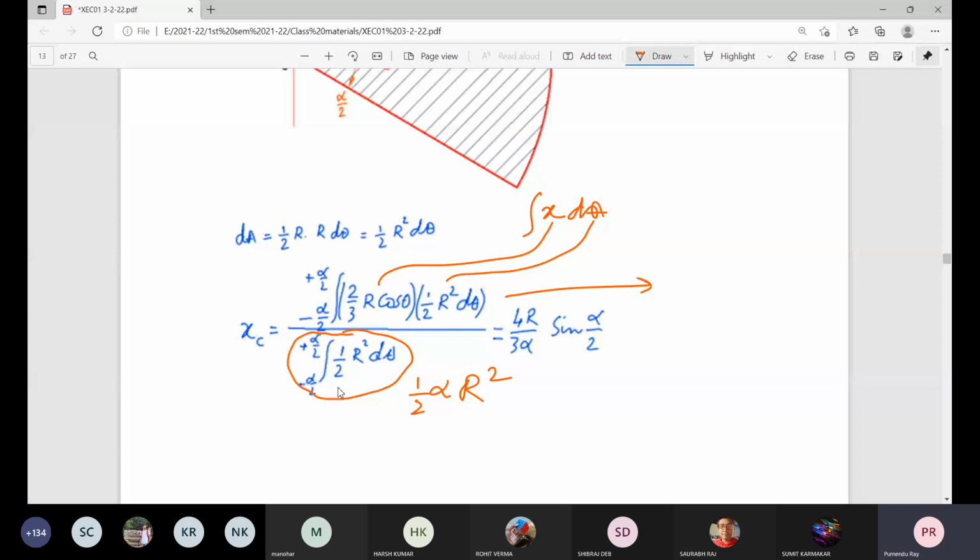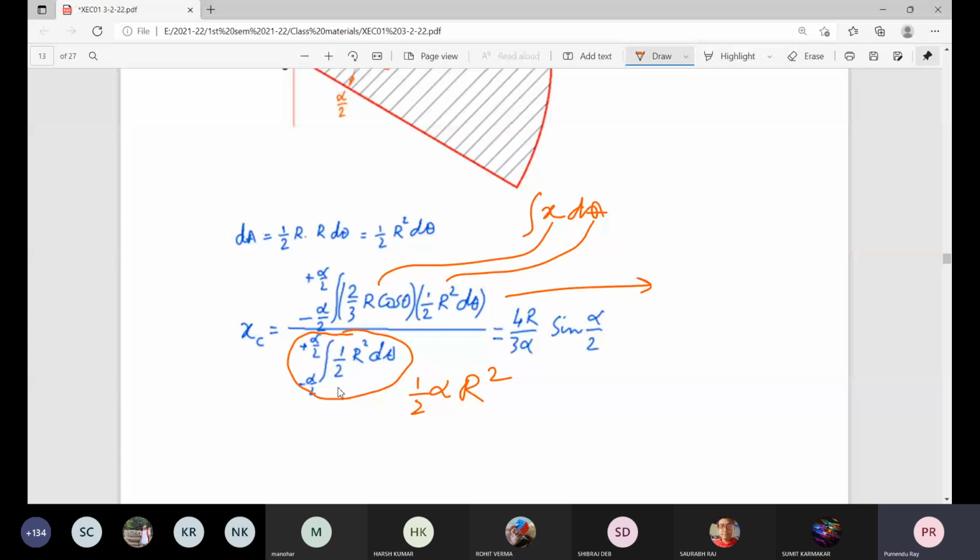That is 1, so it is at a distance of 4r by 3 pi from the y-axis. Another very important expression. So 4r divided by 3 alpha sine half alpha, with alpha equal to pi, gives 4r by 3 pi.